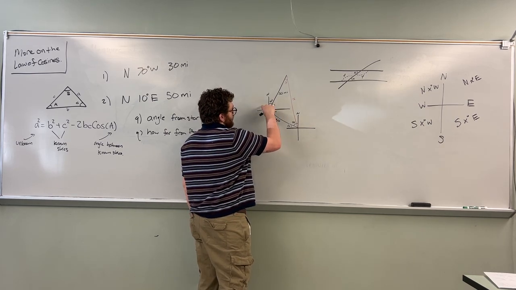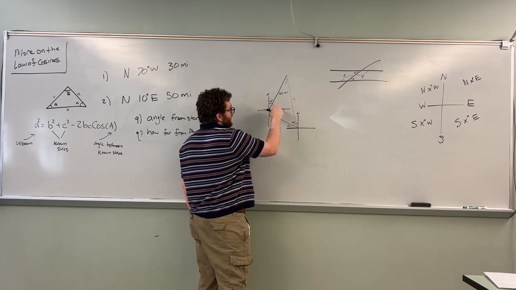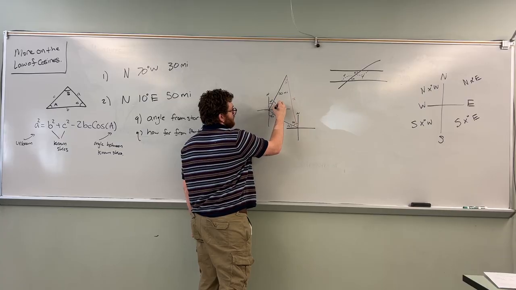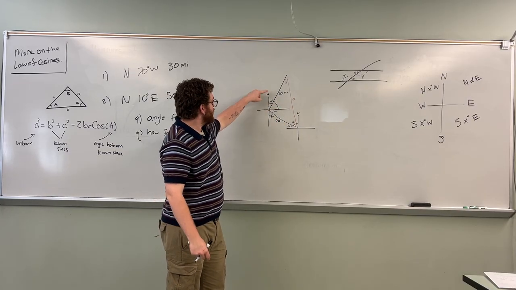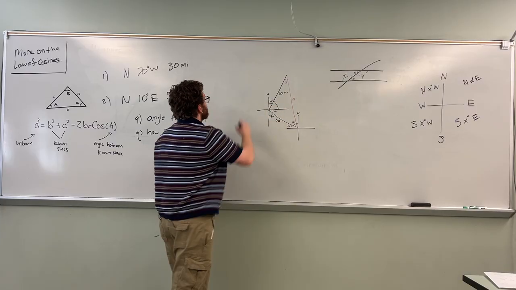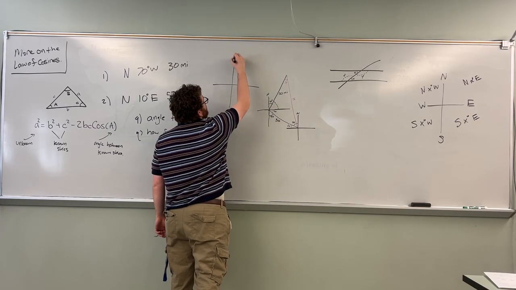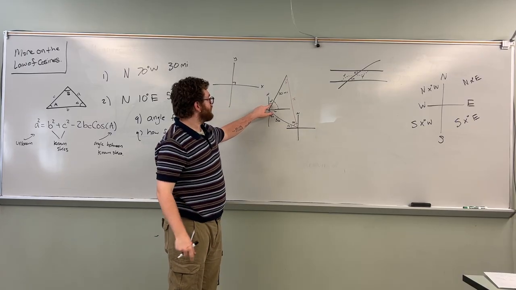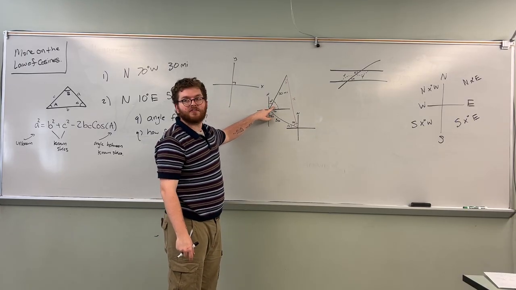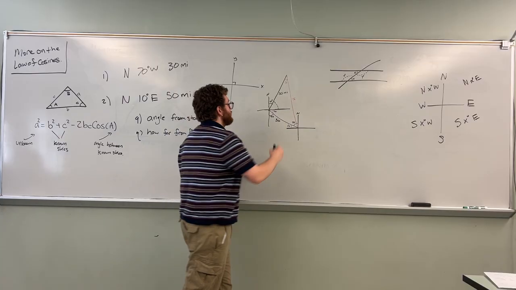And then I have the rest of this angle right here. It's pretty easy to figure that out. This makes a 90-degree angle because it's the x and y axis. That makes a 90-degree angle. So if this is 10 degrees, how much is this? 80.